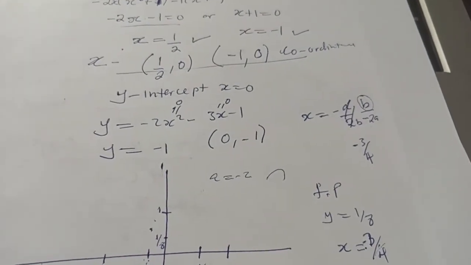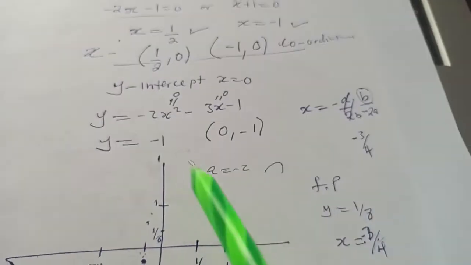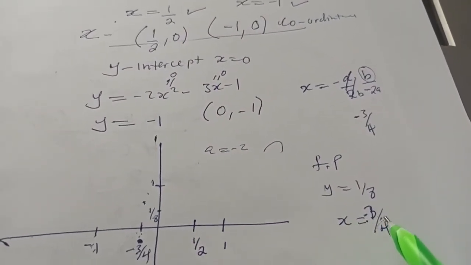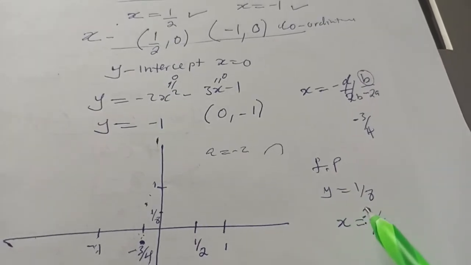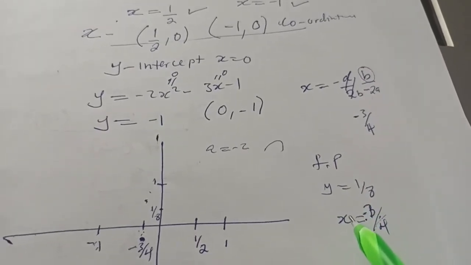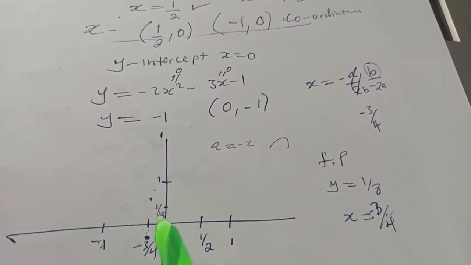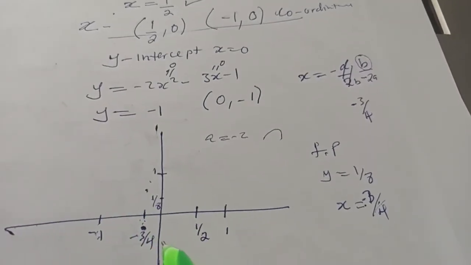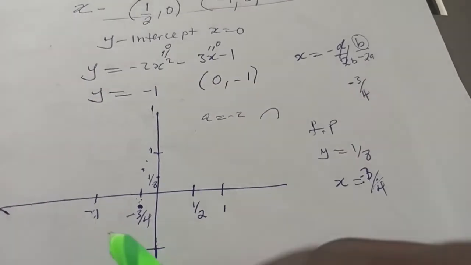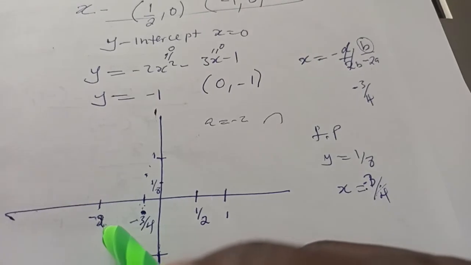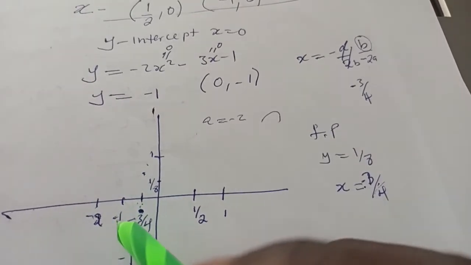Okay, so we continue. There was a disruption which I had on my system. So x is equal to negative 3 over 4, then y is equal to 1 over 8. Then it has to pass through this one. Let it be somewhere here.